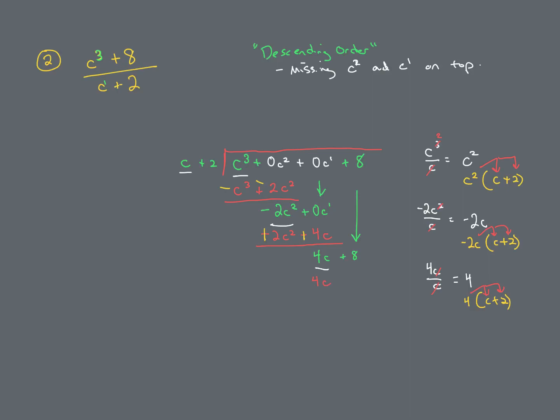Over here, 4c, and then 4 times 2 is 8. We want to subtract these, minus 4c, and then this sign changes to minus also. And then we just have a remainder of 0. So remember, these are the actual answer here, c squared minus 2c plus 4.